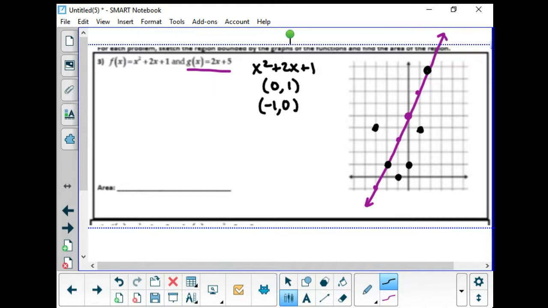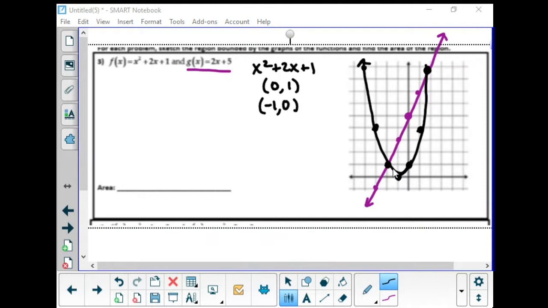Okay. This is the third time I've done this problem, so I already knew some of this from previous classes. I pulled the calculator out and graphed these.